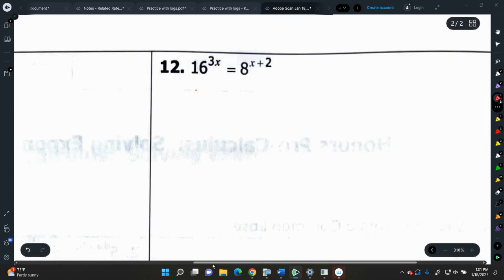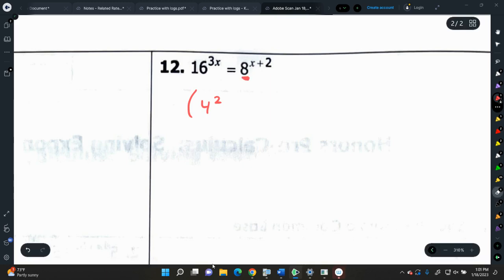16. 4 squared. Whoa, that's not going to help me though, is it? Because I can't write the 8 as a 4, right? It's got to be 2 to the power of what? 4. There you go. 2 to the power of 4 to the 3x equals 2 to the power of 3 to the x plus 2.